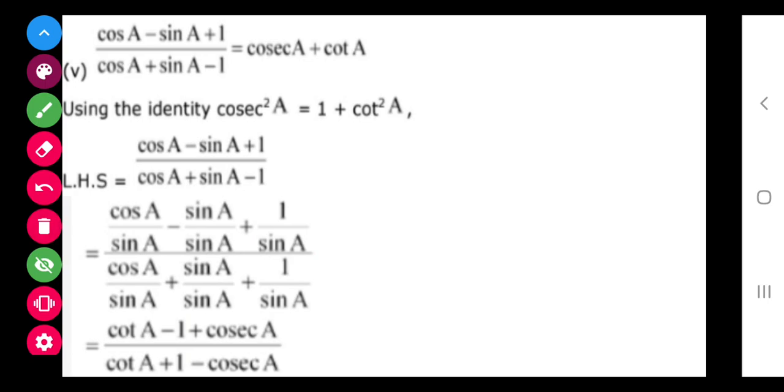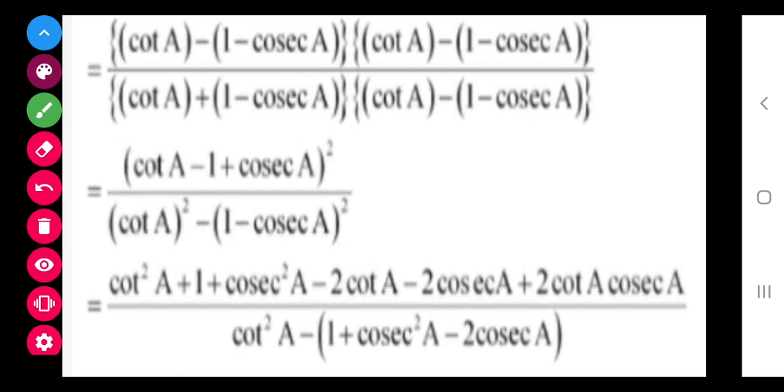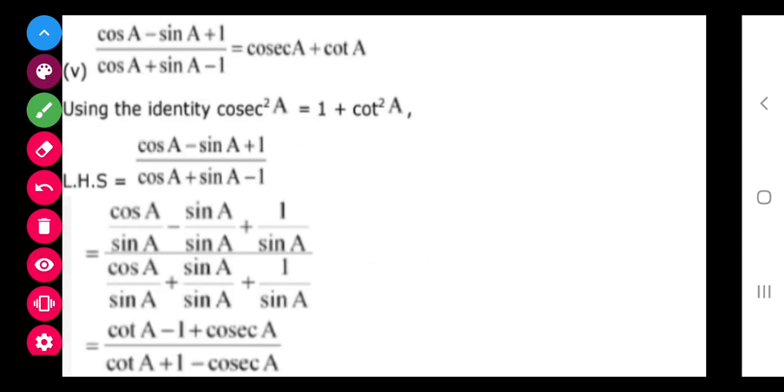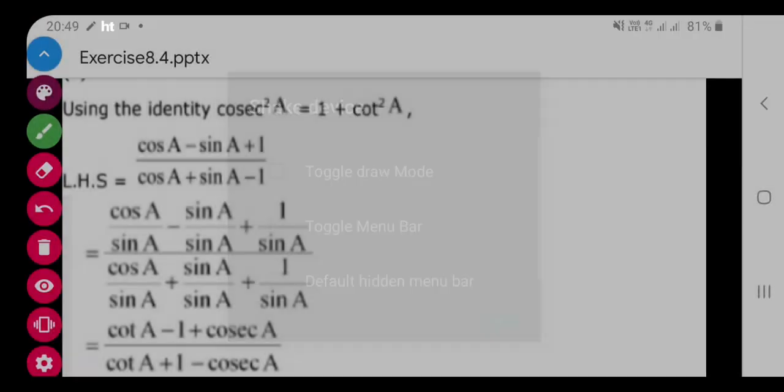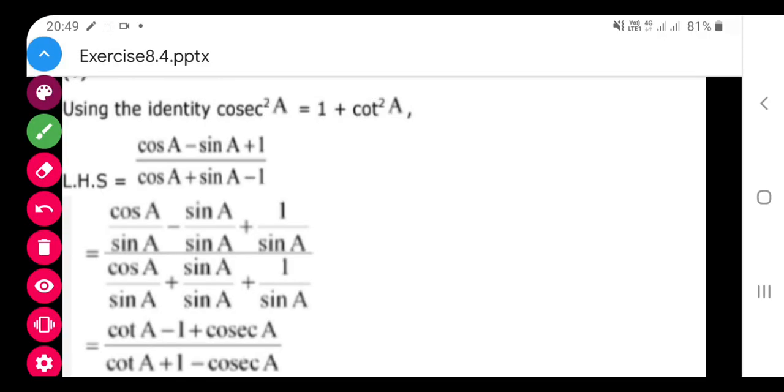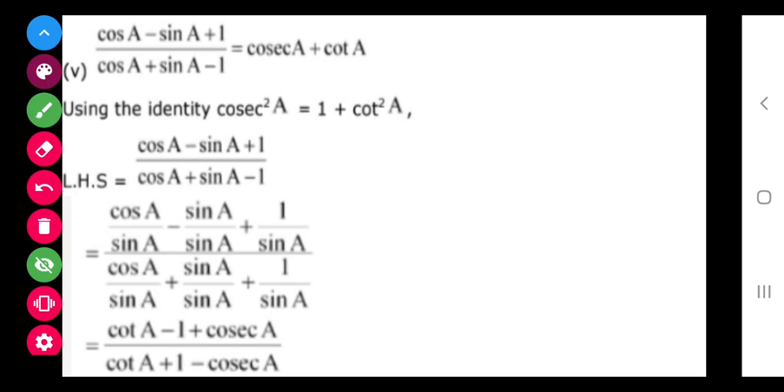Now what to do? Now class, the next step we can do is rationalize it. Their method is to rationalize it. They have done the rationalization of the denominator so that it can be solved further.